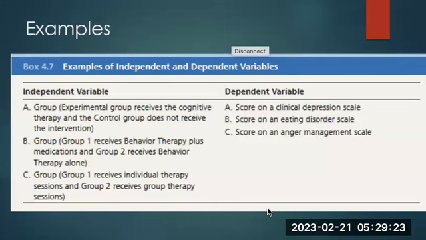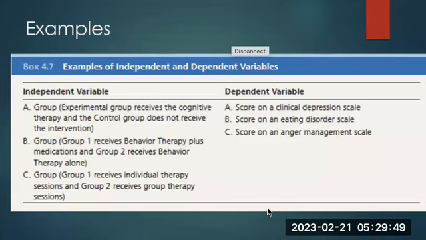These are examples. In the independent variable, the experimental group receives the cognitive therapy and the control group does not receive the intervention, and the dependent variable could be the score on a clinical depression scale.